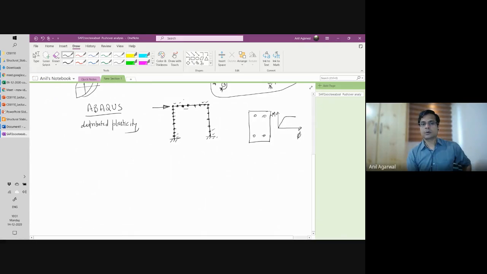But in this problem, I don't have to do that. I can apply any kind of load. It will automatically take care of it because there is a potential for forming a hinge anywhere. You're following me? And then there is no empirical relationship required. So in the previous case, you needed some empirical relationships in the lumped plasticity.